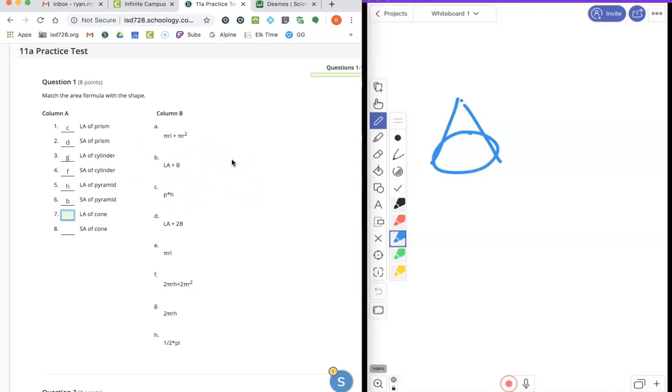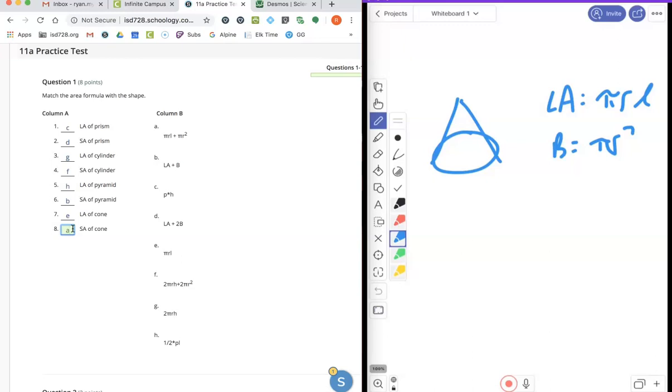But we still need a slanted height of a cone. Okay, the lateral area of a cone is the slant height times pi times r, pi r l, and then the base is pi r squared. So pi r l is option E, and pi r l plus pi r squared is option A.